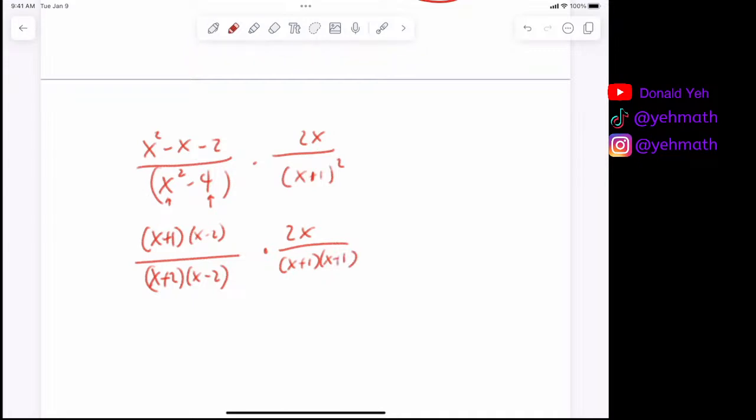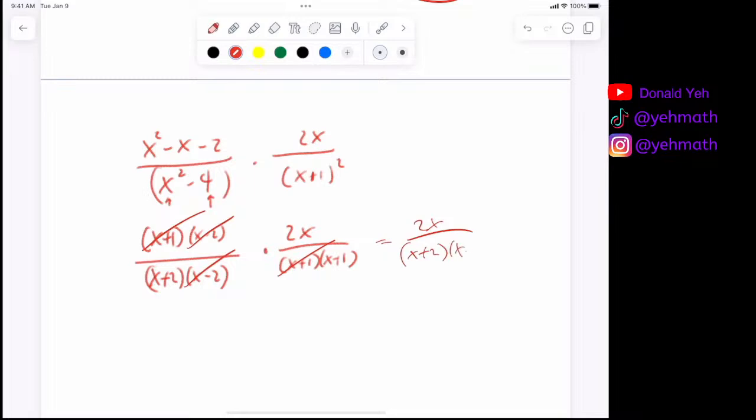So what I'm going to do is start looking for simplifications. I think it's plus 1, right? Now, each thing can only simplify once.